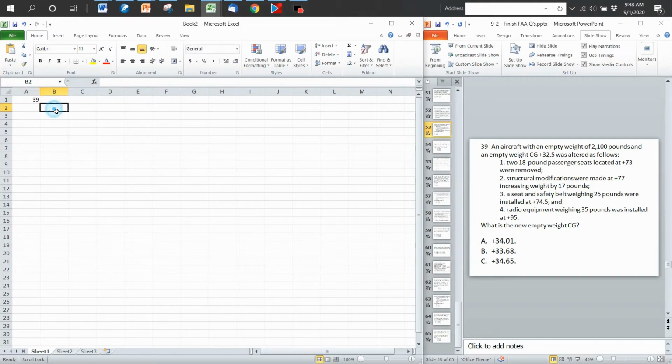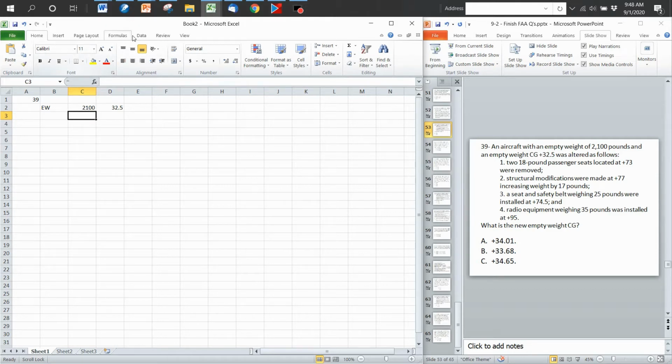This is question 39. And on question 39, we have an empty weight of our aircraft. I'm just going to call that EW for empty weight. And our empty weight is 2,100 pounds. And it is at 32.5, and we're going to kind of try and keep track of all of that.